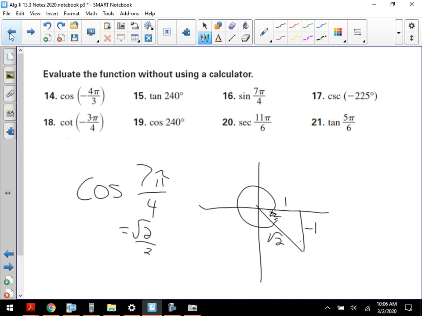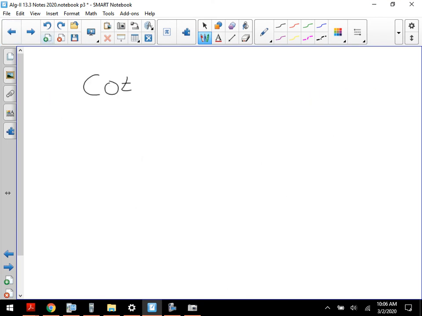Let's do a tangent. Let's not do cotangent. Cotangent negative 3 pi over 4. Okay. Cotangent is the reciprocal function of tangent. And then with 3 pi over 4 negative, you just spin the other direction. 3 pi over 4 is almost the full pi, but it stops short, which means I'm in the third quadrant.